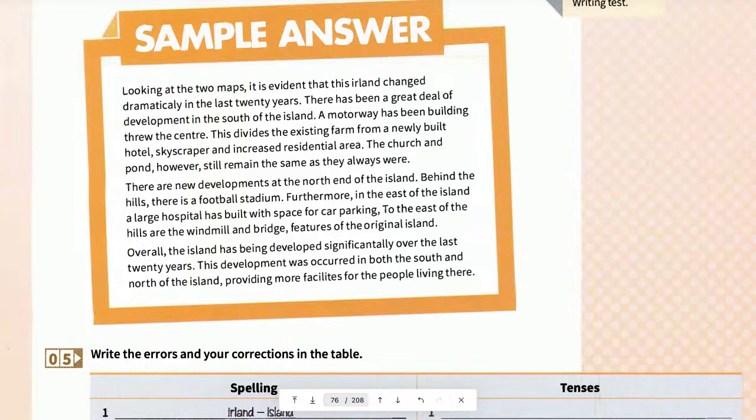Because the hotel is just there. Yes. When the examiner reads something like that, they know that 20 years ago there was no hotel in that area. And when you look at the now map, you can see a hotel. You understand what I mean?